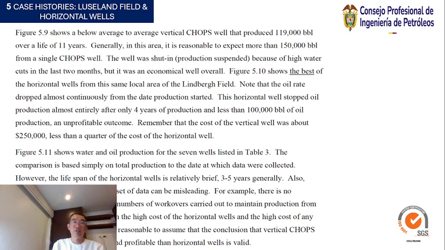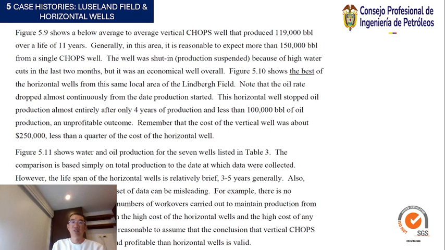Figure 5.9 shows a below average to average vertical CHOPS well that produced 119,000 barrels over a life of 11 years. Generally, in this area, it is reasonable to expect more than 150,000 barrels from a single CHOPS well.